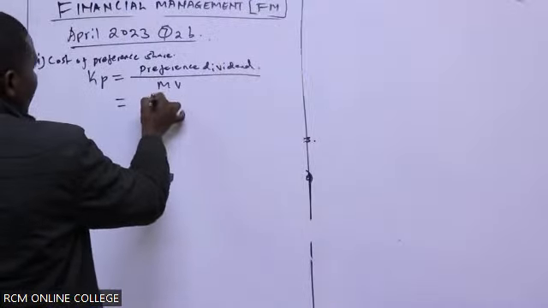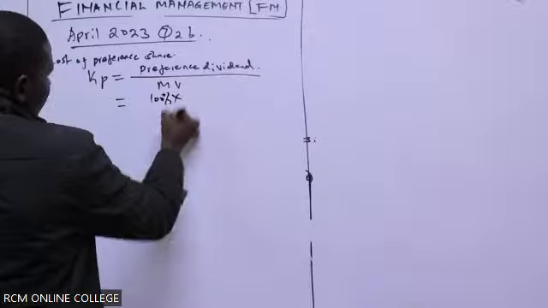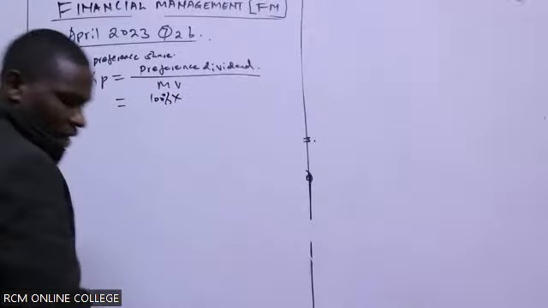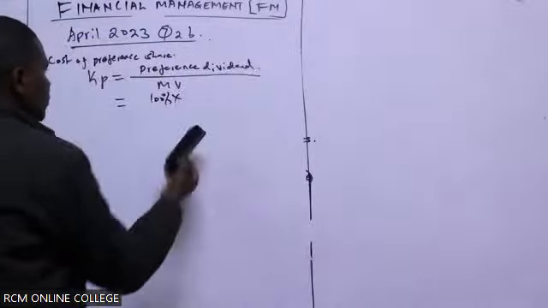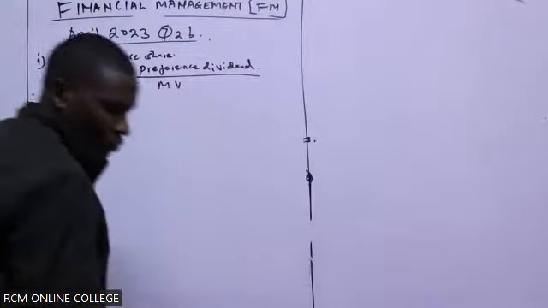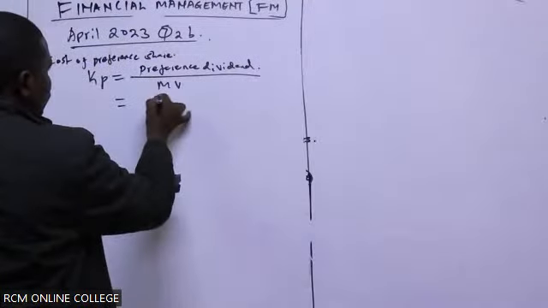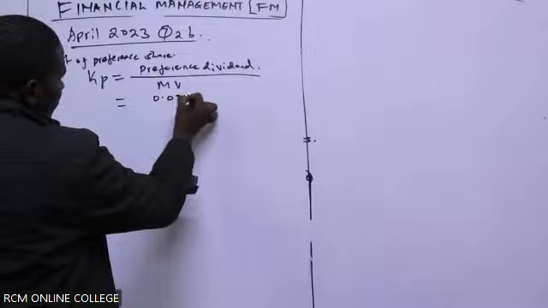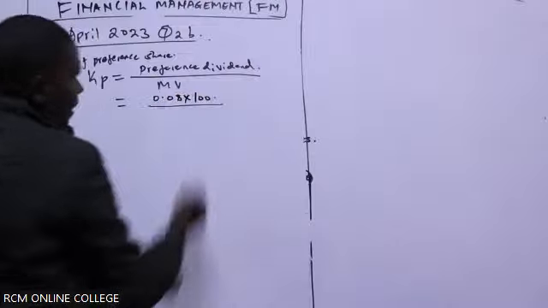So it will be, not 100%, but 8%. We are told the preference dividend is 8. So it will be 8% or 0.08 times 100, divided by market value.